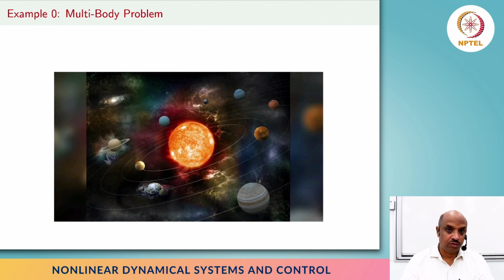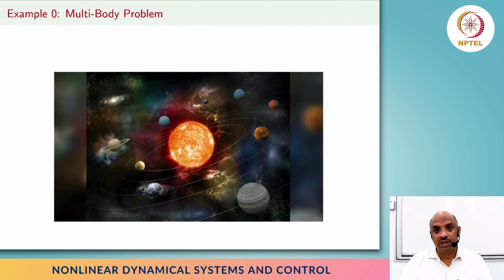If you knew how to solve the two-body problem, then you can get an approximation for the three-body problem with a smaller object there. But if you have a full-fledged three bodies of similar size and similar masses, then the problem of actually predicting what will happen to these three bodies under their interaction in terms of gravity was unknown.